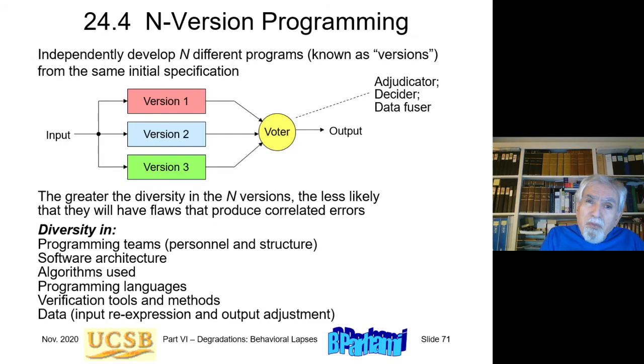Okay, so what is software flaw tolerance? The oldest method was proposed in the early 1970s as n-version programming.